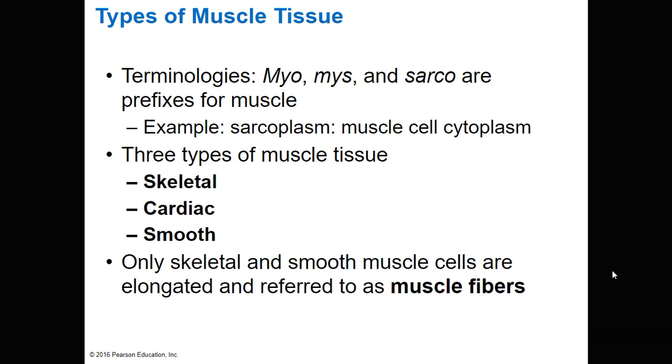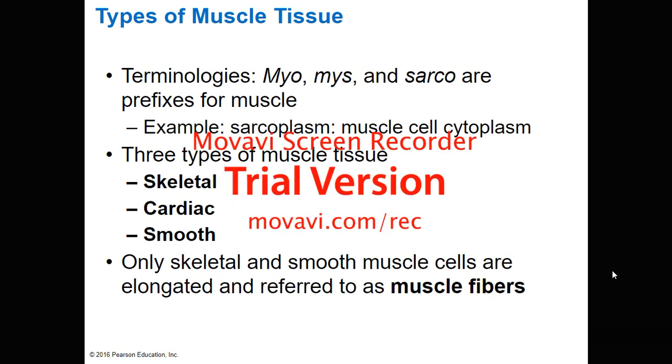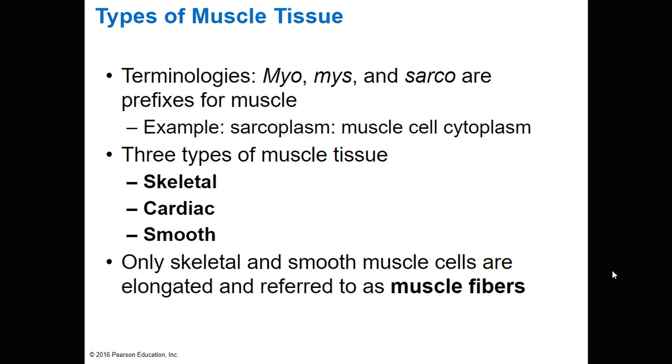All right. So again, just understand that terminology, and again, there are three types of muscle cells: skeletal, cardiac, and smooth. And skeletal and smooth muscle cells are elongated and are referred to as muscle fibers. So again, the skeletal and smooth cells are very long, and they're referred to as muscle fibers.